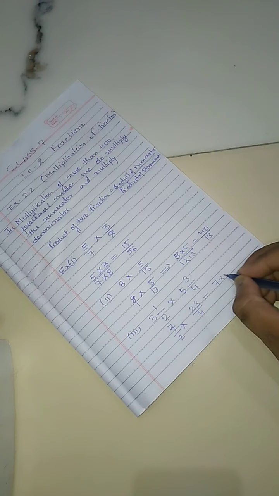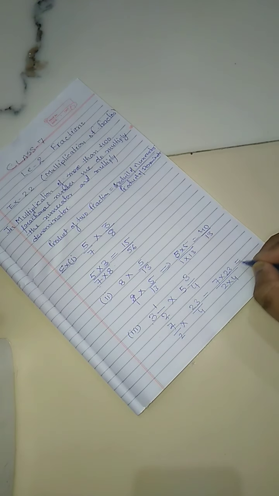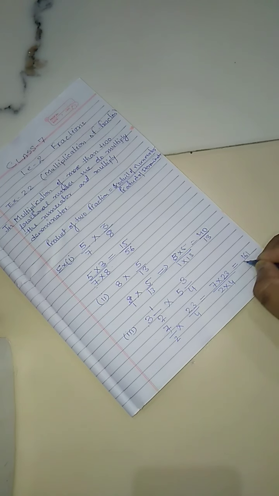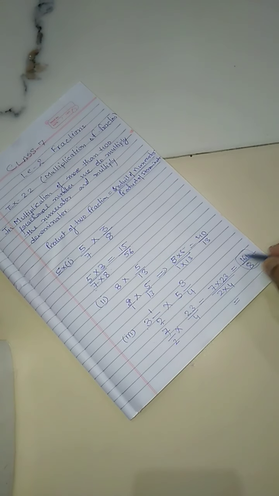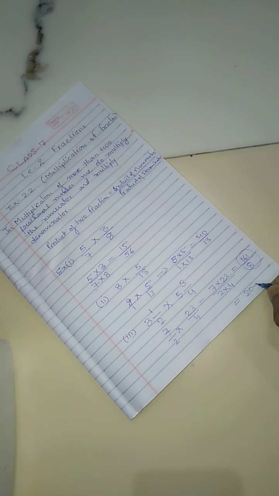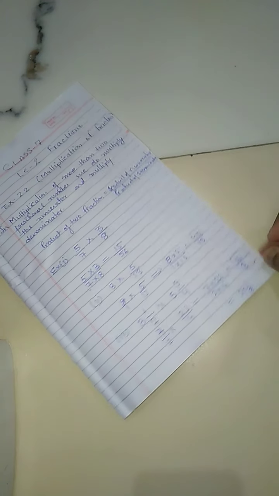So 7 into 23 upon 2 into 4. It comes 7 3s are 21, carry 2, 7 2s are 14, 16 upon 8. You can change this fraction into mixed form also. So it will be 20 whole 1 upon 8. Okay, 20 whole 1 upon 8.